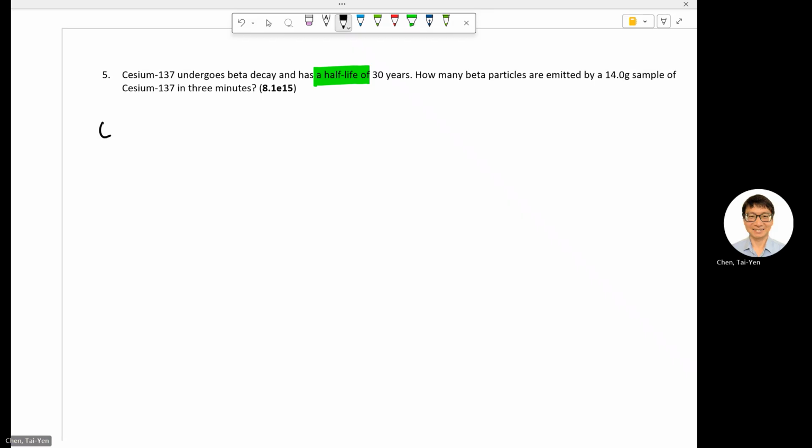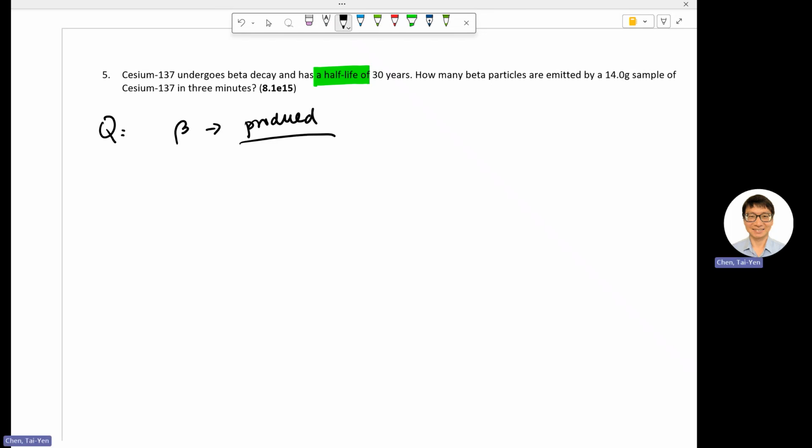The question is asking how many beta particles will be produced. The description says that if 1 decay occurs, you produce 1 beta particle. So all you want to know is how many decays occur.